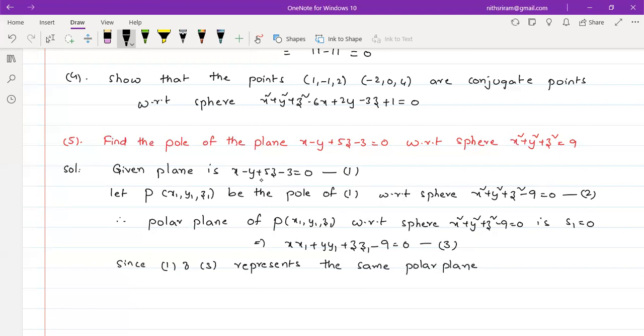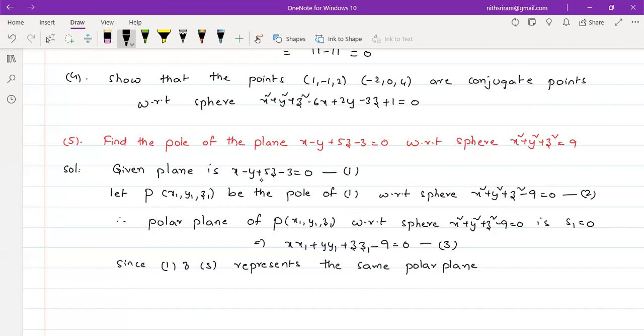Equation 3 we just found with the help of S1 is equal to 0. The plane x minus y plus 5z minus 3 is equal to 0 was already given, and that plane is a polar plane, because we are finding the pole of that plane. Once again we found another polar plane with the help of the point P. So equation 1 and equation 3 represent the same polar plane.